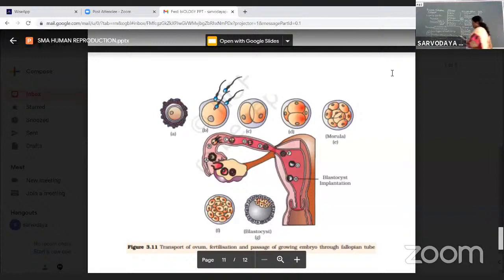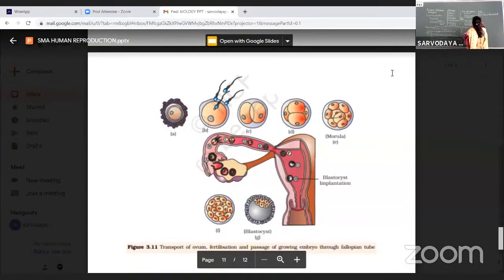Now let us look at the end of the first month. What do we observe? In the embryo, the heart is going to be formed. Which organ is formed first? It is the heart.